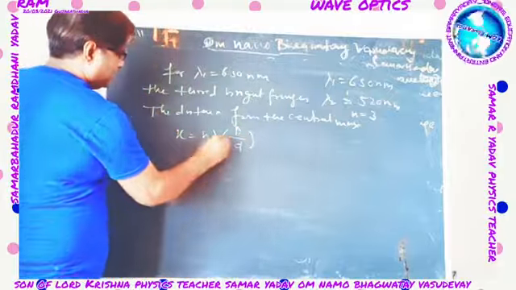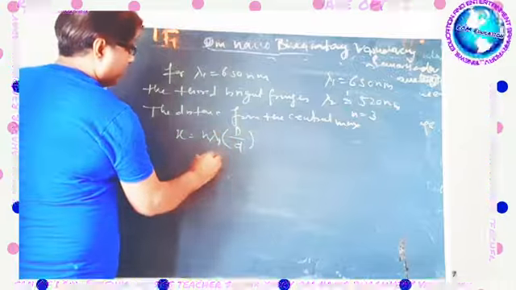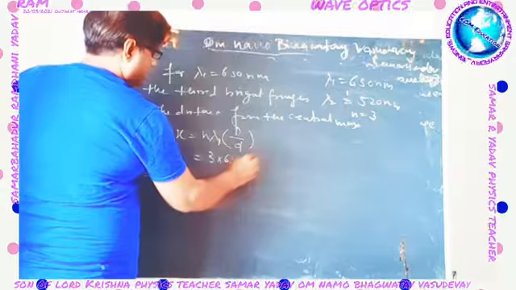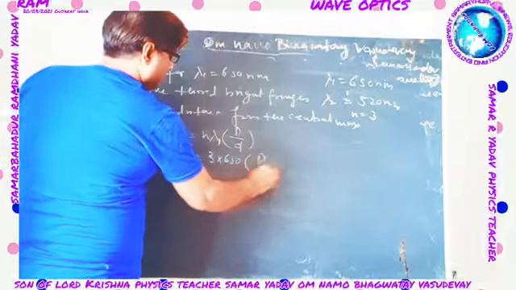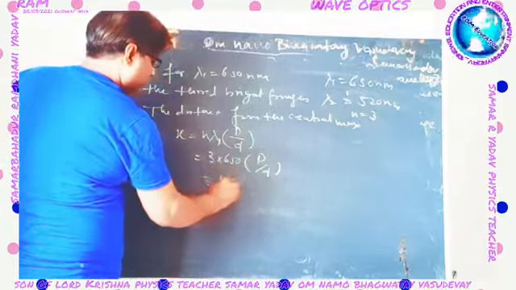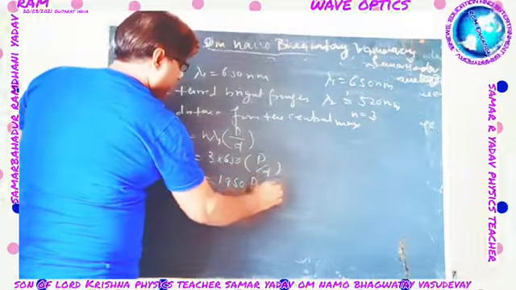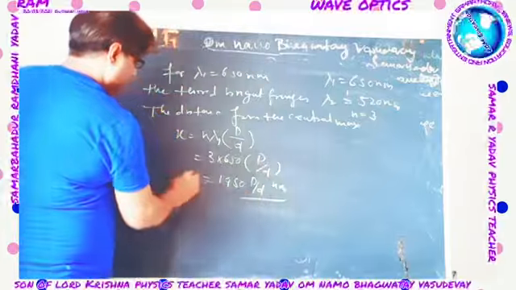Here n lambda 1, n is 3, that is 650 nanometer into capital D upon small d. Solving this we get 1950 capital D upon small d nanometer, that is x.